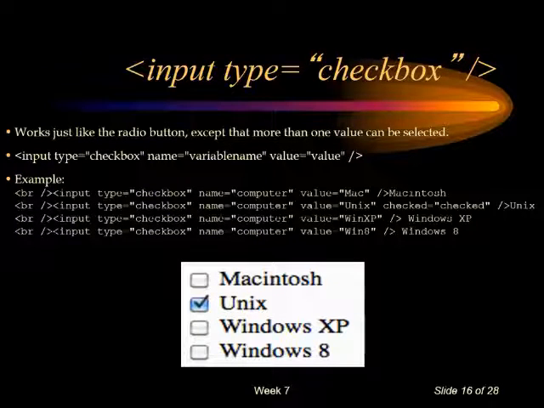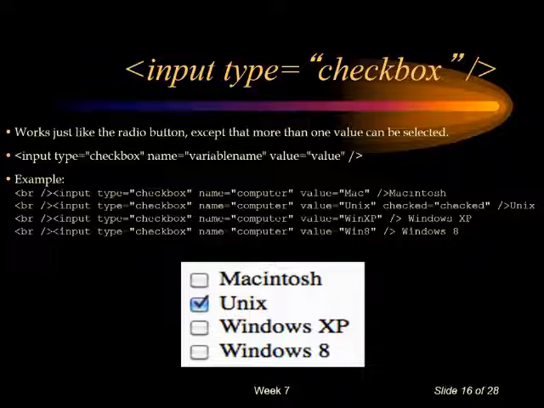Input type equals checkbox works just like the radio button, except that with input type equals checkbox, more than one value can be selected. The syntax for input type equals checkbox is input type equals checkbox, name equals the variable name, and then value equals whatever the value should be.